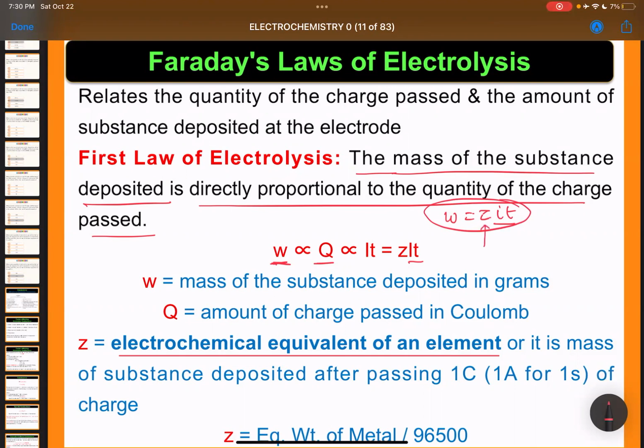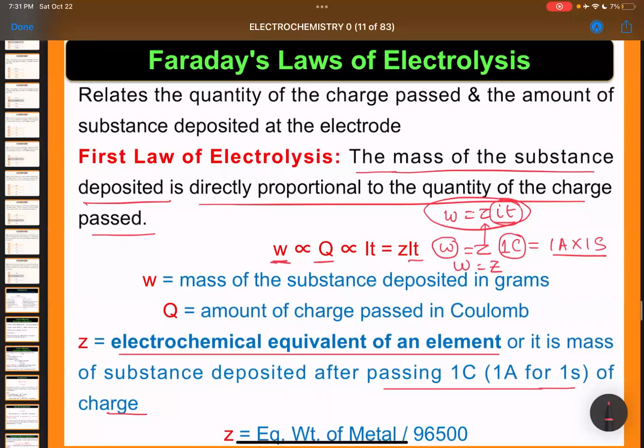And how will you define it? Very simple. Suppose you pass 1 coulomb of charge, 1 coulomb means 1 ampere for 1 second. Everything on the right hand side is going to be 1, so W equal to Z. So Z is the mass of the substance deposited when you pass 1 coulomb, that is 1 ampere of current for 1 second.